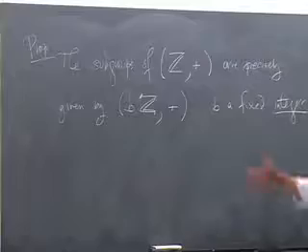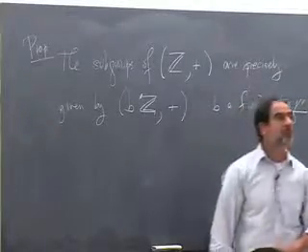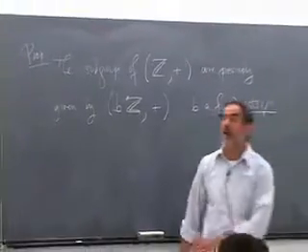So all even integers, or all integers divisible by 3, or all integers divisible by 5.